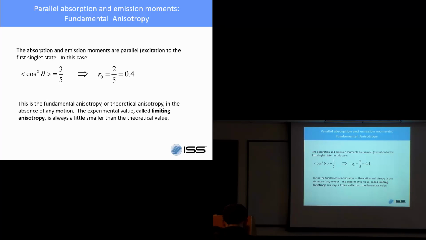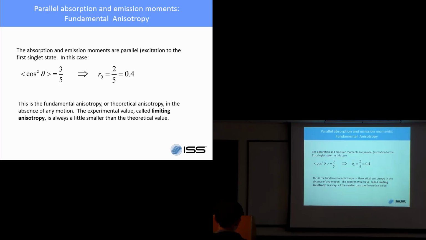And when we plug it into the anisotropy formula, we get a maximum of 0.4. So 0.4 is the maximum anisotropy that we get if I excite parallel and the transition moment of the molecule is parallel. Well, that is the best scenario. So that means that we cannot go above 0.4, it is our ceiling. But we can go below.